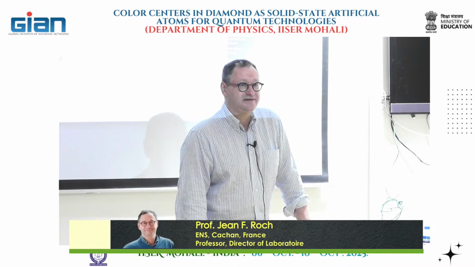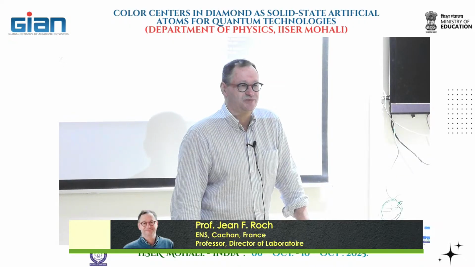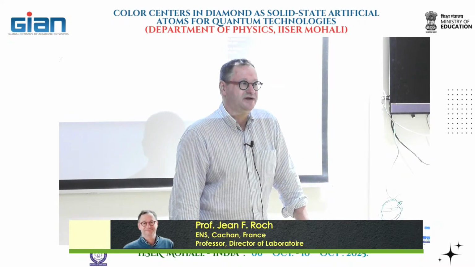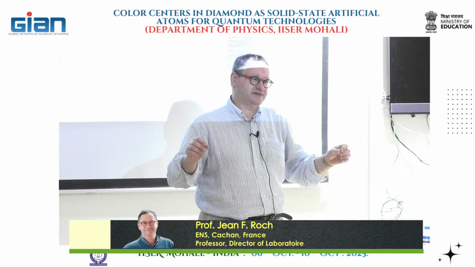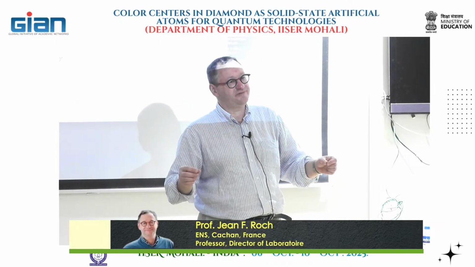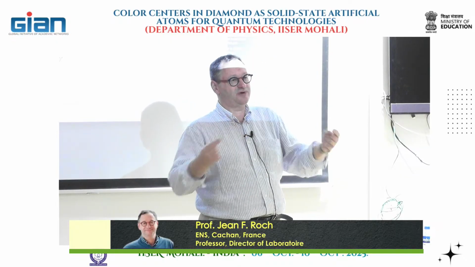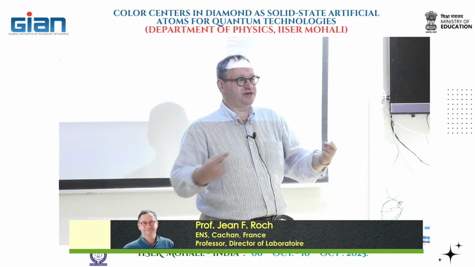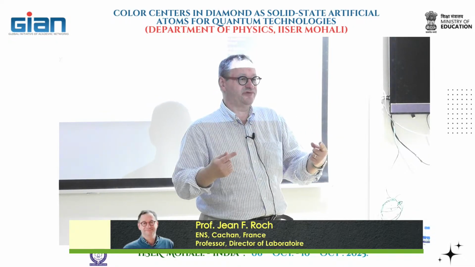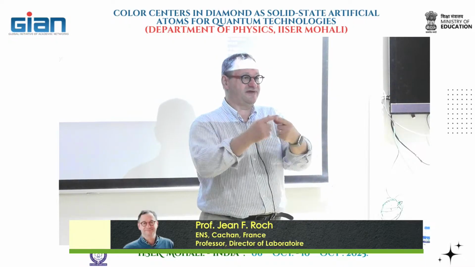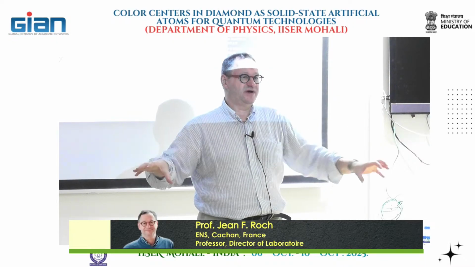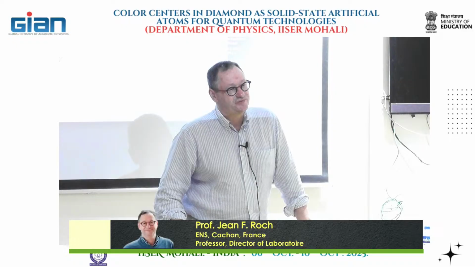The other possibility that people are exploring, not with NV, but more with silicon vacancy centers, is to have very good single photon emission, and after that you entangle the system by coalescence of the single photons that are emitted. You mix them on a beam splitter, and that will entangle the two atoms.